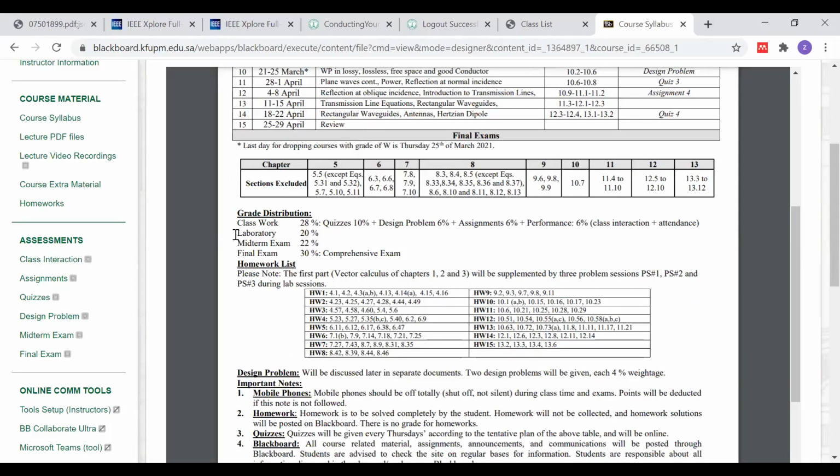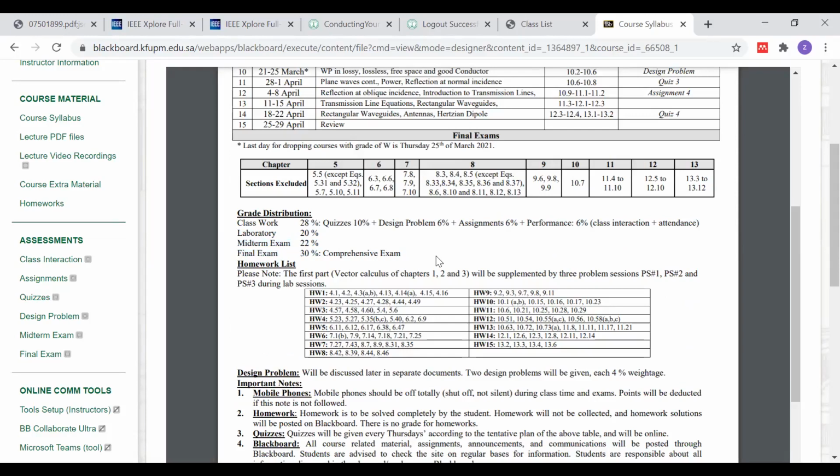If you see here, you have a laboratory, which is 20%, and we are going to have a midterm exam, 22%, and the final exam, which is 30%, and it will be comprehensive. As of now, our plan is to conduct the midterm exam and the final exam physically. These are the instructions from the university.